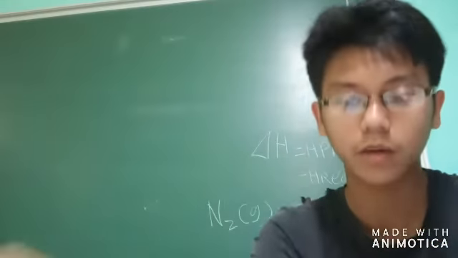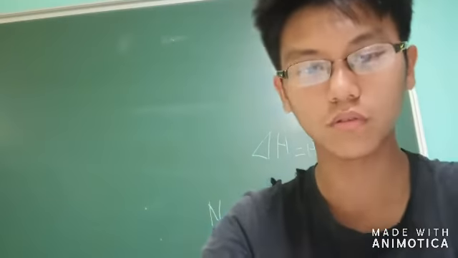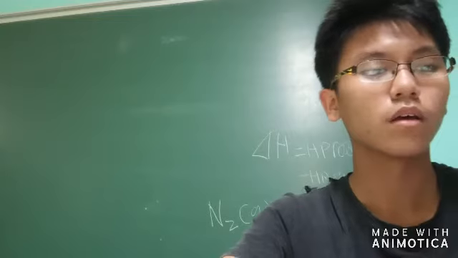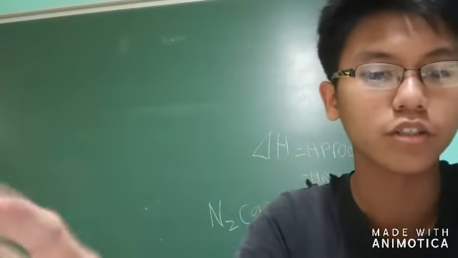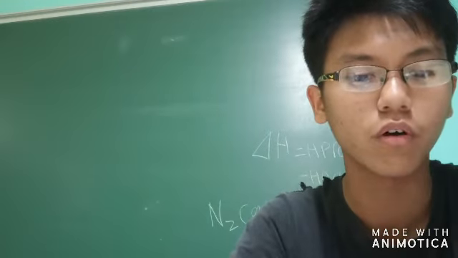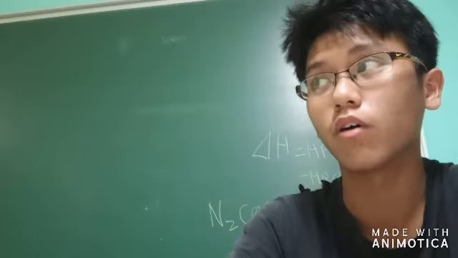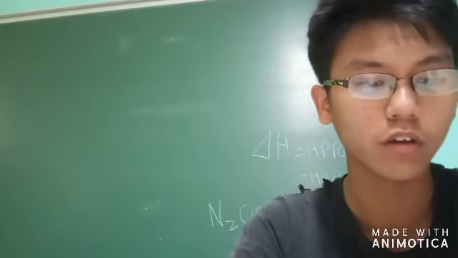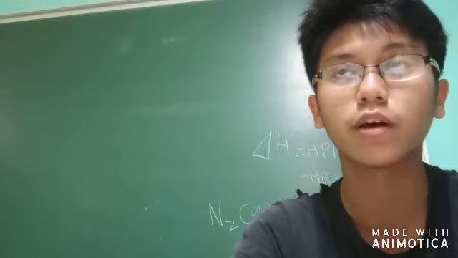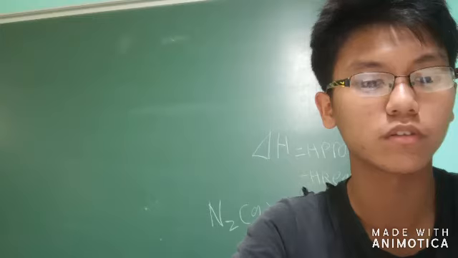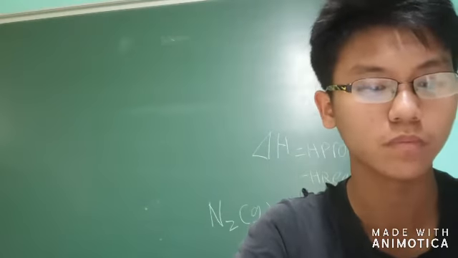I'm not really good at chemistry, but this is the best I can do to explain enthalpy changes. When a chemical reaction occurs, energy is transferred to or from the surroundings. It's either an exothermic or an endothermic reaction. Endothermic enthalpy changes are shown as positive values. If it's negative, it will be exothermic.